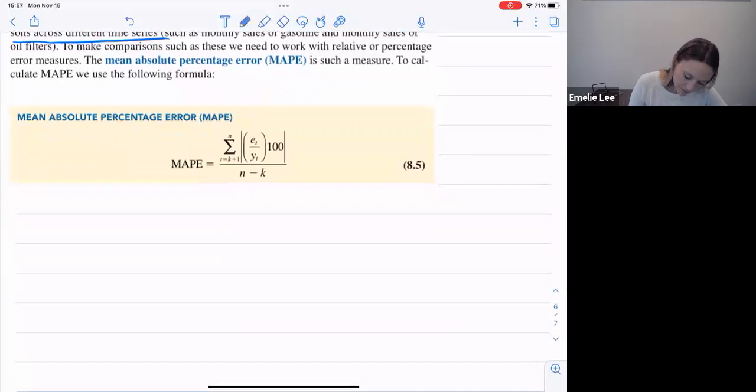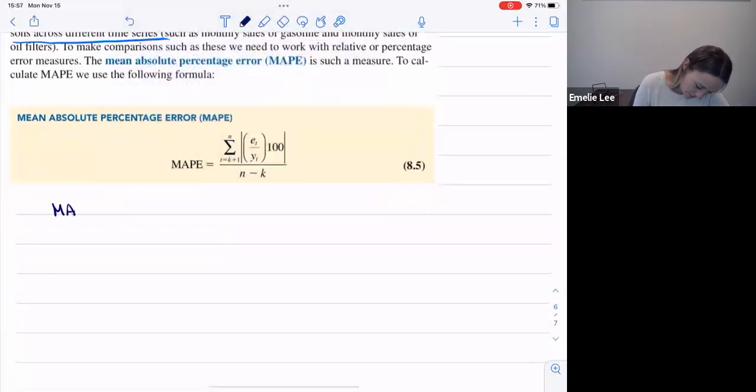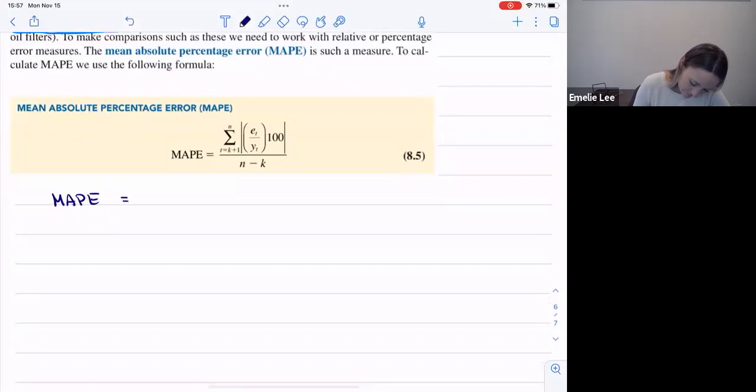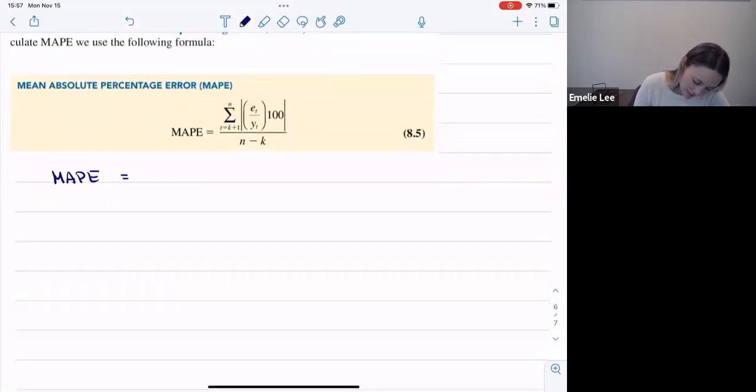Okay. So here, the MAPE, fun to say, fun to do, I'll break it down in steps because there's too much going on here.